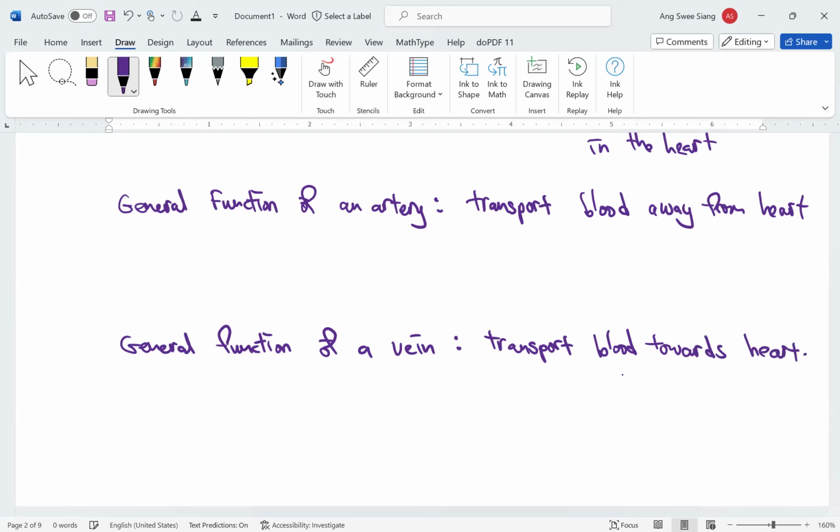This is the first thing you need to know when you learn about the function of the 3 different types of blood vessel.